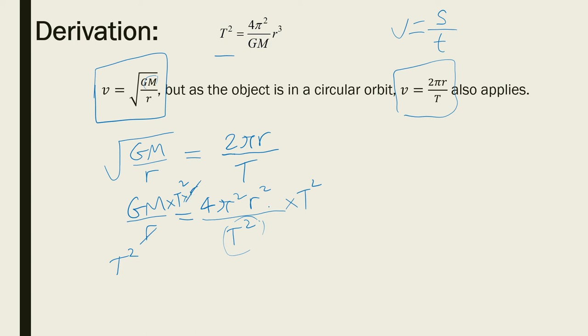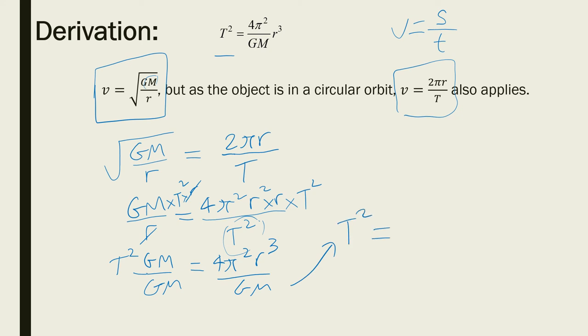That'll cancel out, so we'll be left with T squared GM equals 4 pi squared, and then r squared times r is r to the power of 3. And then finally we'll divide both sides by GM, and we'll be left with the period squared is equal to 4 pi squared divided by GM, times r cubed.